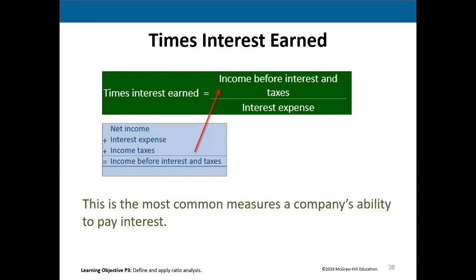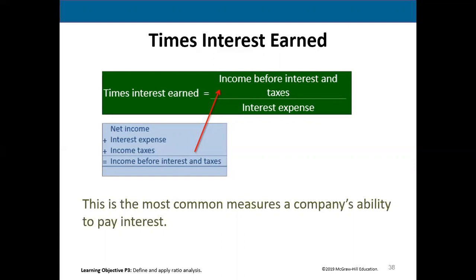Now, what does this tell us? It's telling us if the company makes enough in operating income for the year to pay interest expense, or how many times they could pay interest expense with their earnings, because that's where they're getting the money to pay it. They can't go out and borrow from creditors or the owners to pay interest expense.